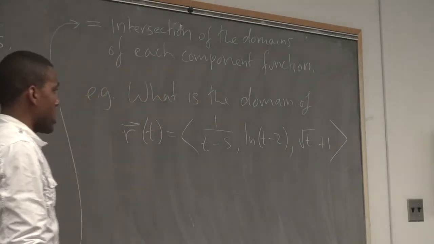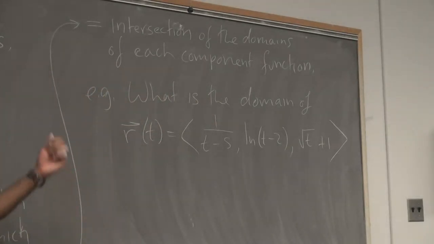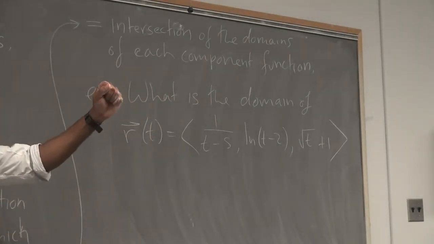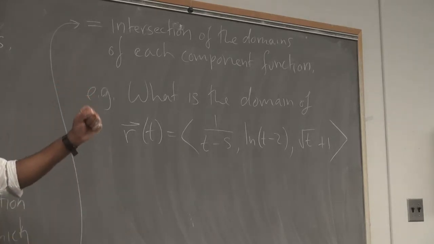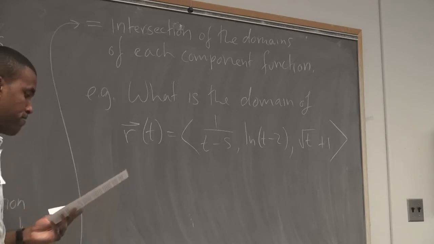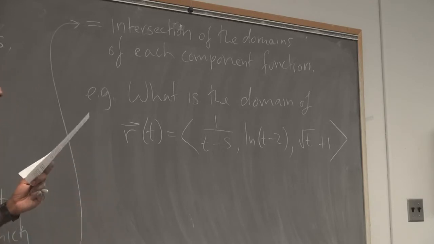For any value of t, I can plot a point in three-dimensional space. I can think of it as a position vector. And then the curve is the trace of all these points.